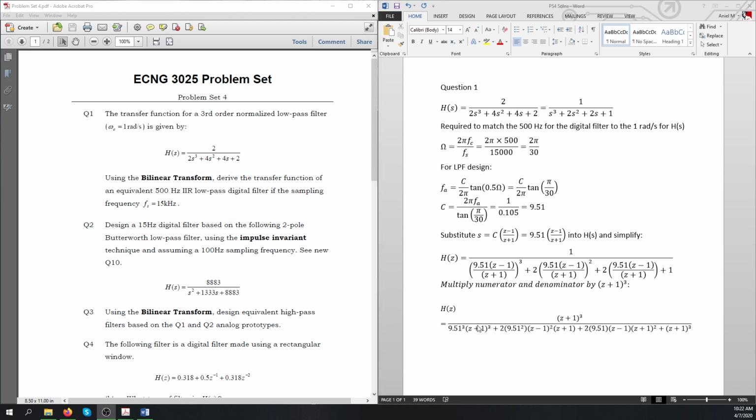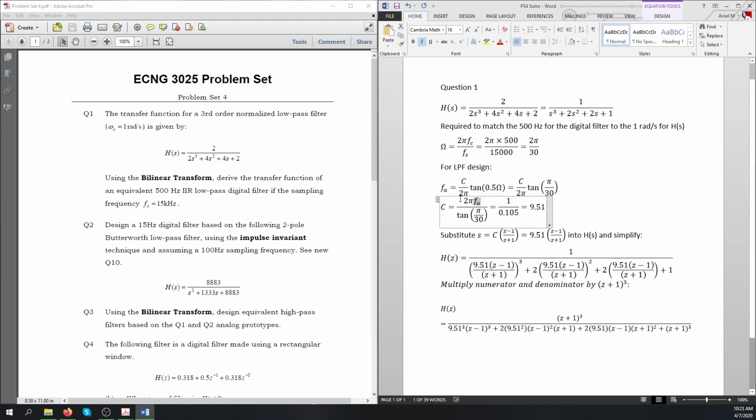Oh yes, that's correct. This here is supposed to be z minus 1 all cubed. Yeah, right. So that's correct. Thank you for pointing out that mistake. F of A here is basically the analog filter frequency, or the analog cutoff frequency.